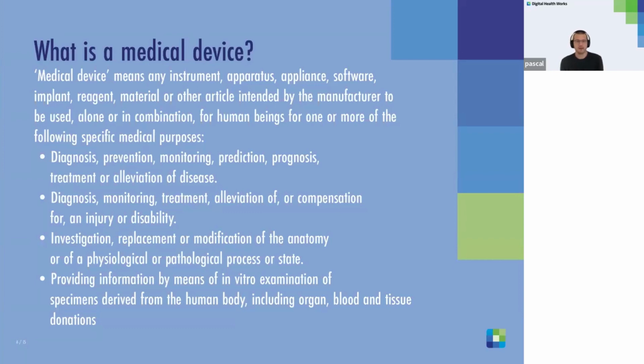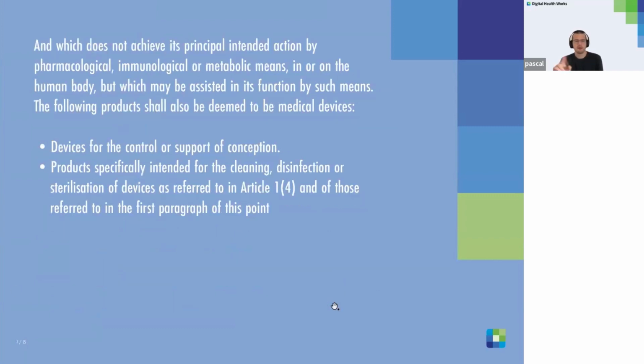Anything that typically has a clinical benefit, like for diagnosis or treatment or alleviation of disease, or any kind of monitoring, treatment, or diagnosis of an injury or disability. I'm just paraphrasing, I'm not reading all that out. So it's a product, which can be software, that is used for a medical purpose. There are some more details, but they don't matter too much right now.